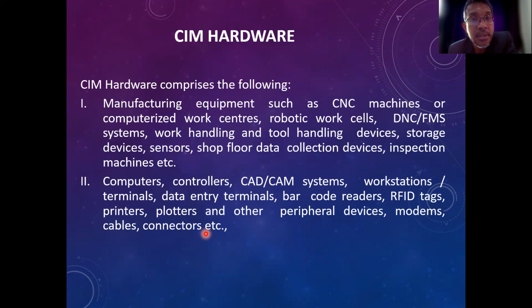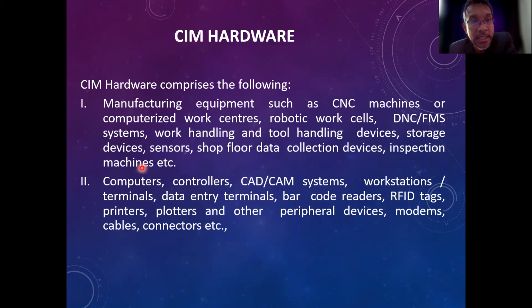Hardware consists of the manufacturing equipment, such as CNC machine, robotic cells, work handling, tooling devices, sensors, and inspection machines. So these are the manufacturing equipment inside the production. So this is considered as SIM hardware as well.